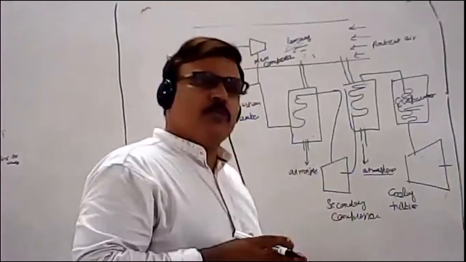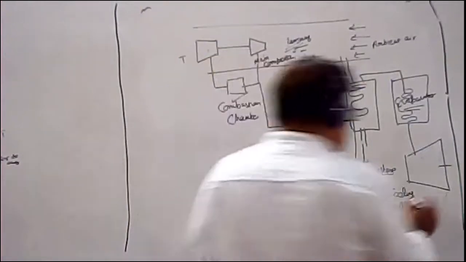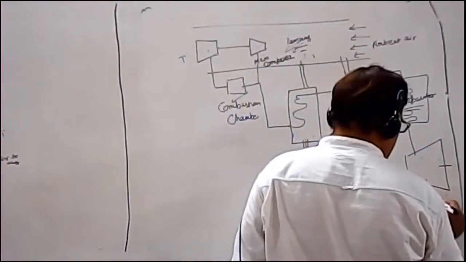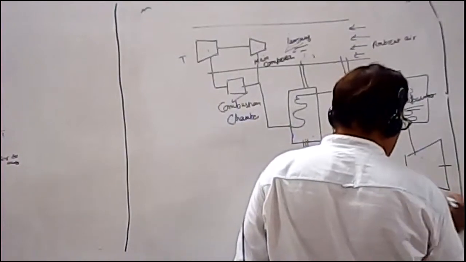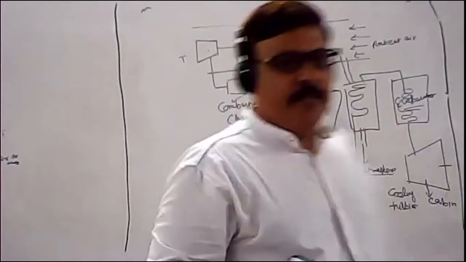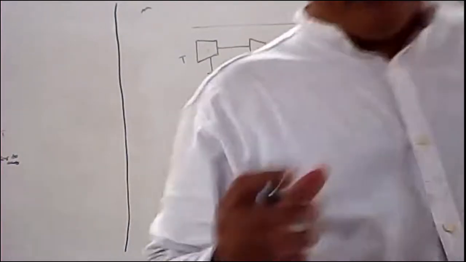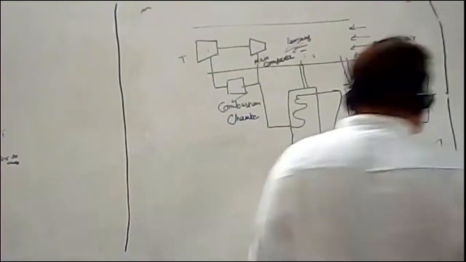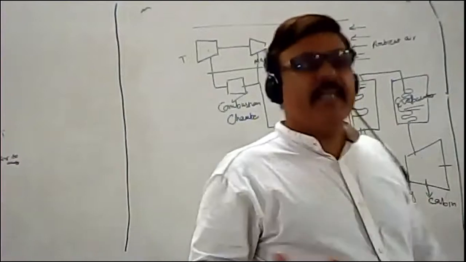After passing through this cooling turbine, this low pressure and low temperature air passes to the cabin, from where it takes the heat load. When it takes the heat load, its temperature is going to increase.